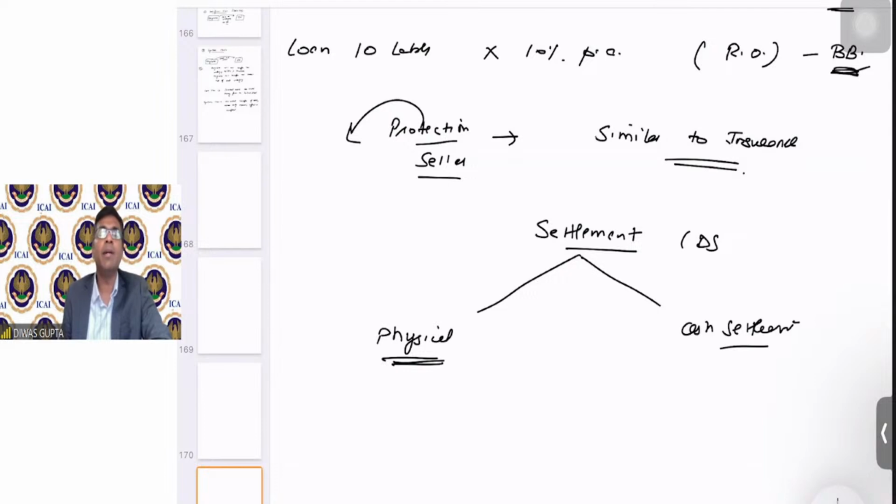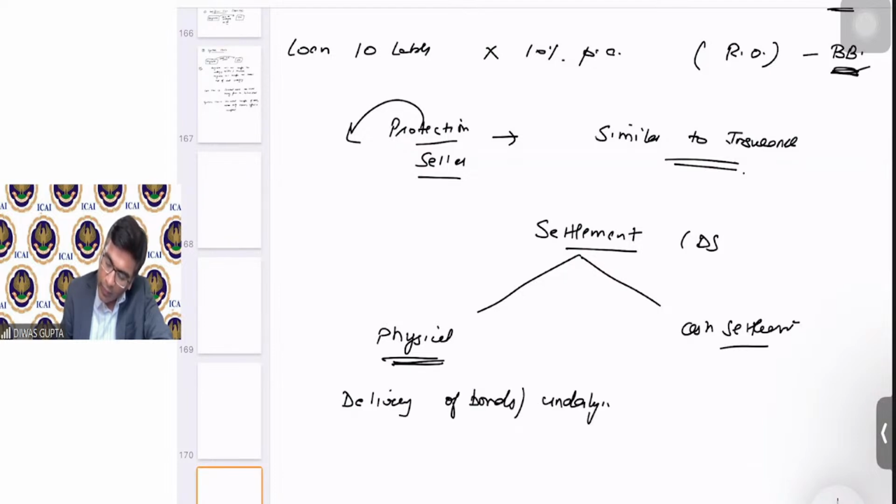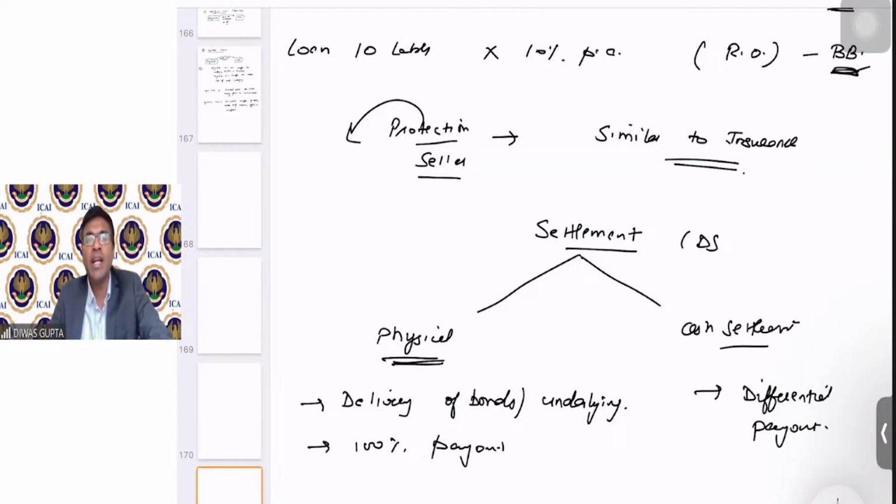So physical settlement in case of CDS is where the delivery of bonds or the underlying on which CDS is taken will be done and 100% payout will happen. In cash settlement, only the differential payout will happen. That's all. So cash settlement is similar to net settlement and physical settlement is equal to gross settlement, students.